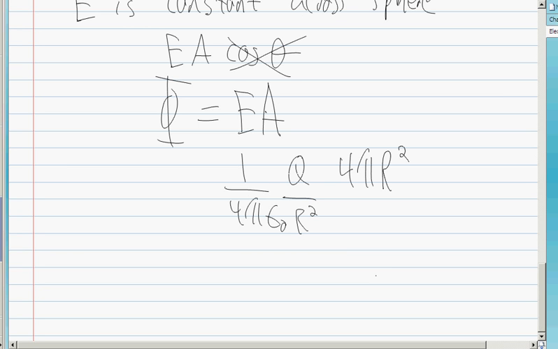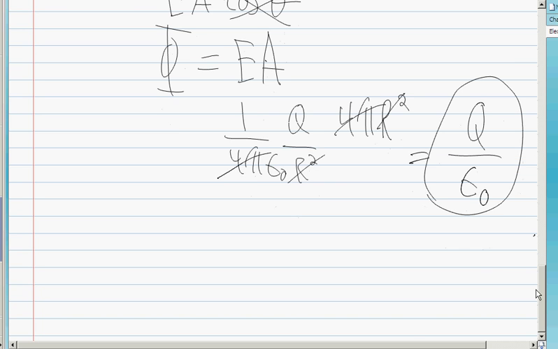One of the great things about the computer is I can't hear you all yell 4/3 pi r cubed, which is awesome, because then I just look at you like, really, area? We don't need that. You can see a cool thing happens. The r squareds go away, the 4 pi goes away, and we're left with Q over epsilon naught.